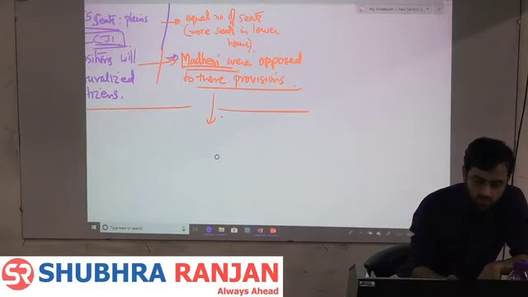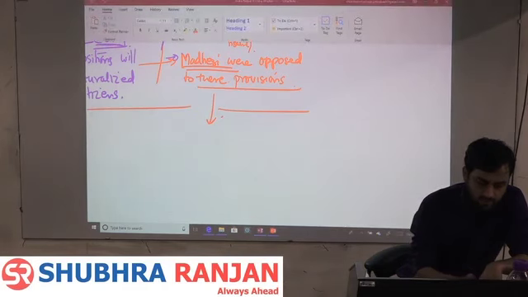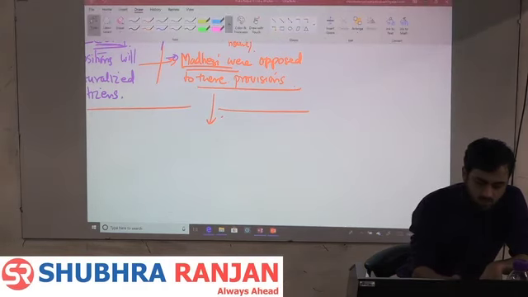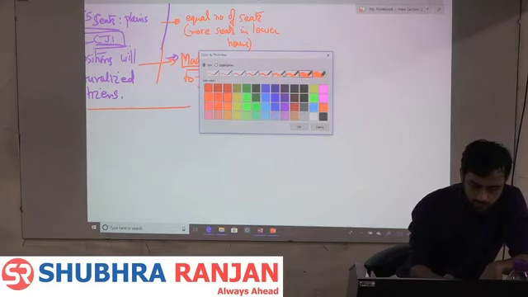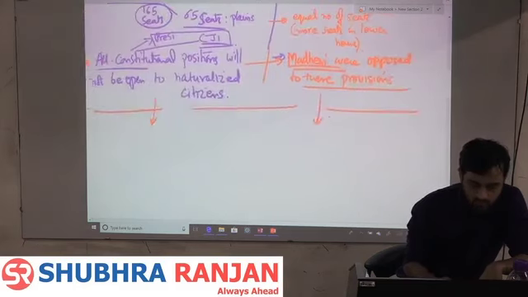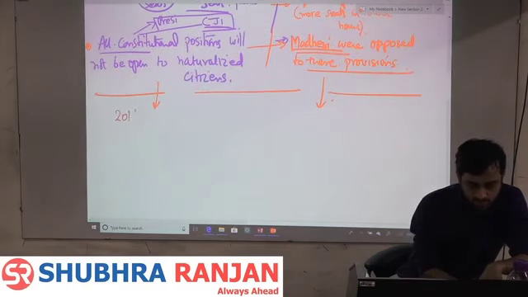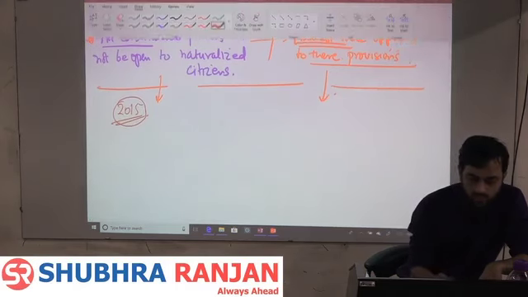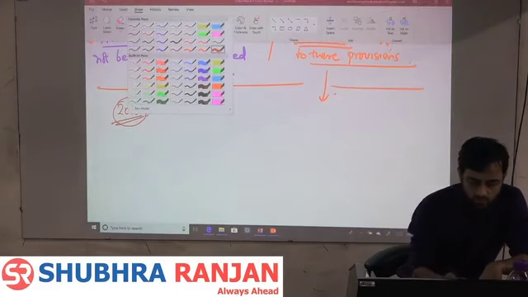The Madhesi said, "Arey, this is not fair. This is unfair." So what happened was the Madhesi blockade. In 2015 they adopted this constitution, and the result was that the Madhesis came out in open protest.